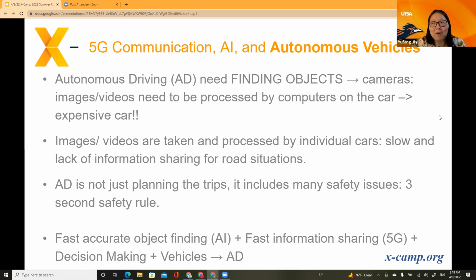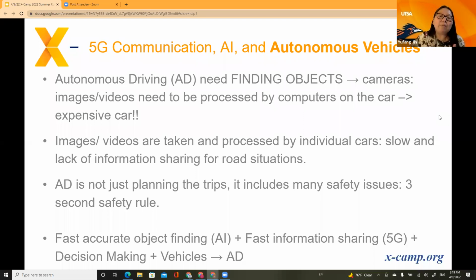Think about driving on the highway at 65 miles per hour. Think about how far you are going to drive within those 2 seconds. So this gives a challenge of real-time decision-making for autonomous driving right now.